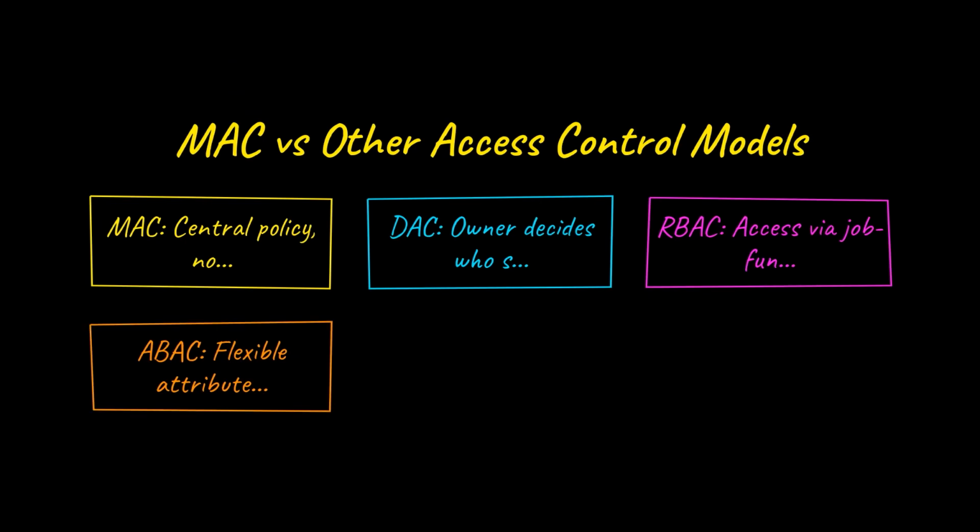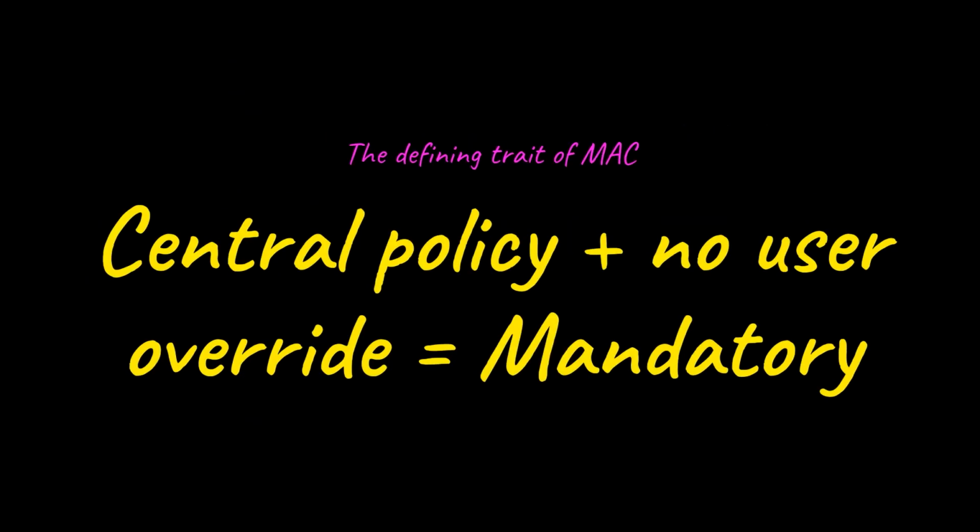Only mandatory access control places every decision outside the reach of users and administrators alike. Whenever an exam scenario describes access decisions driven by centrally enforced labels and clearances, with no ability for users to grant exceptions, that is mandatory access control. Labels alone or clearances alone are not enough. It is the combination with strict central enforcement that makes it mandatory.